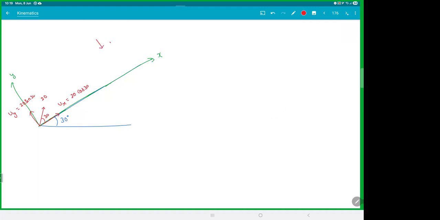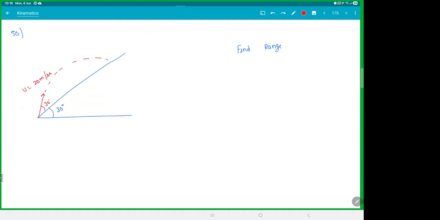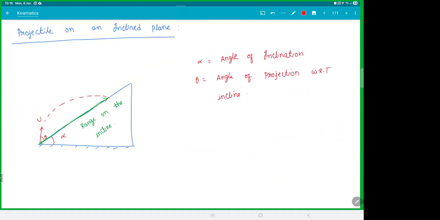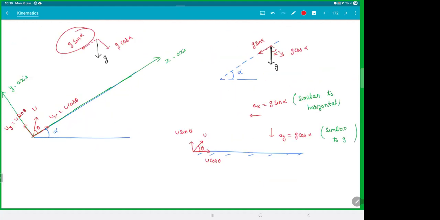Gravity, this component would be g cos alpha. This would be g sine alpha. I would strongly suggest you remember this stuff. Cos alpha is also 30 here, luckily. So g sine 30. So those components you should know. That will keep coming a lot. This was your alpha.